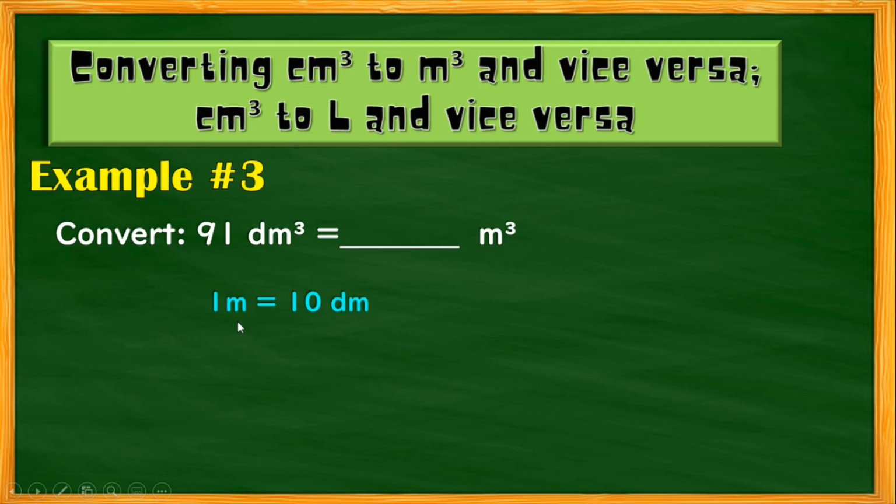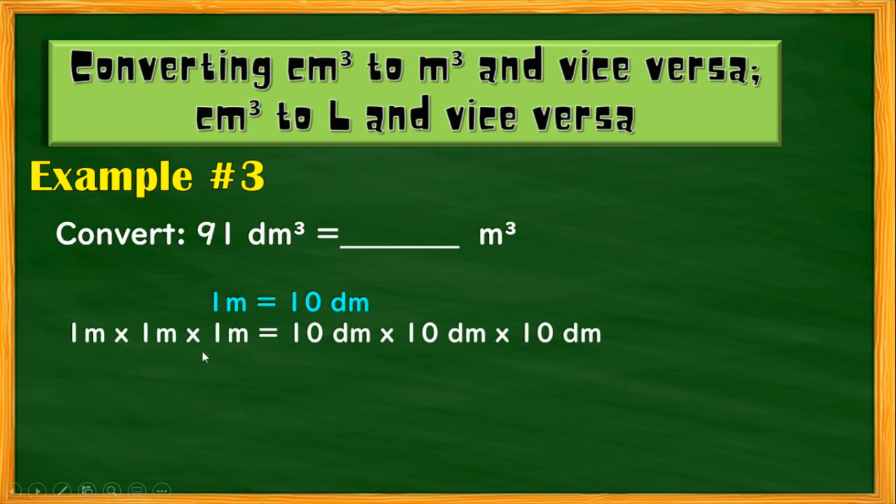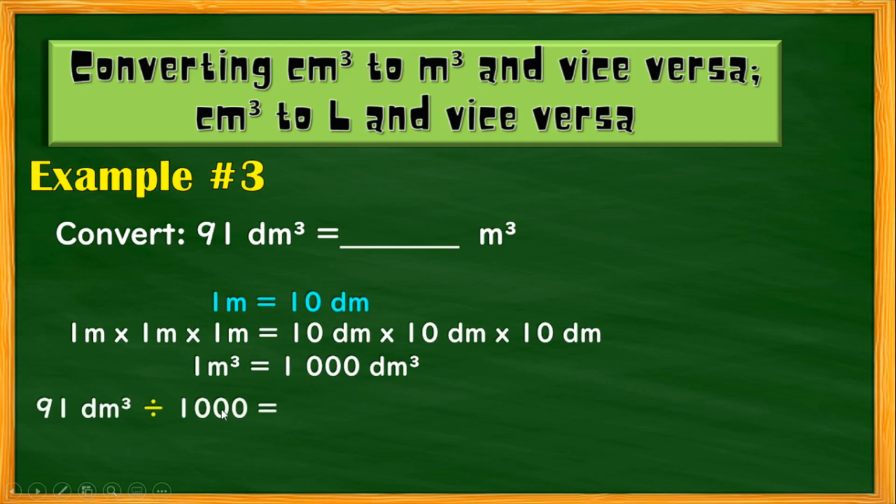So 1 meter is equivalent to 10 decimeter, then multiply by 3. 1 cubic meter is equivalent to 1000 cubic decimeter. So divide by 1000. 1 divided by 1000, the answer is 0.001. And 91 is 0.091 cubic meter. So this should be the answer.